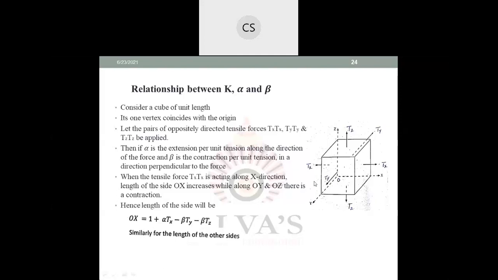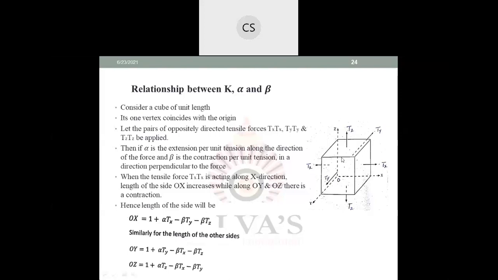The same way you can talk in terms of the z direction, that is Tz is acting. So then there is an extension along OZ direction, contraction along OX and OY direction.